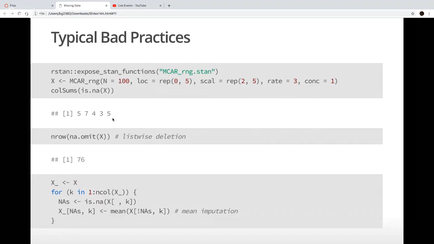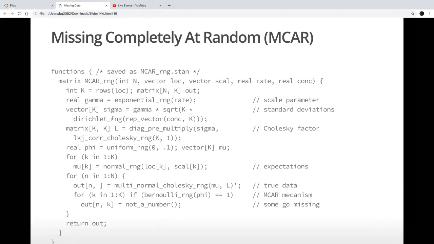So these are two things that you'll see used all the time for dealing with missingness, both in social science and in supervised learning a lot, etc. And there's no real justification for that.